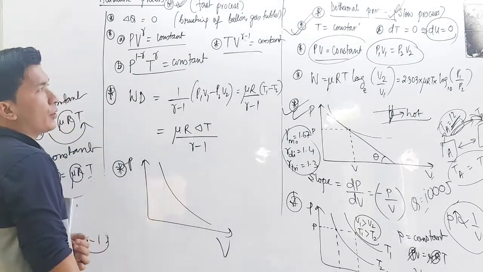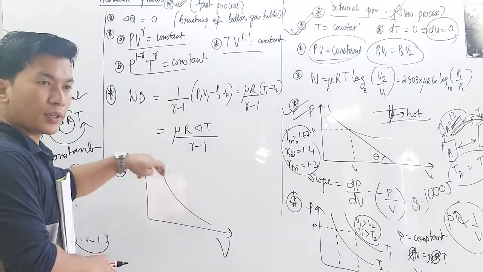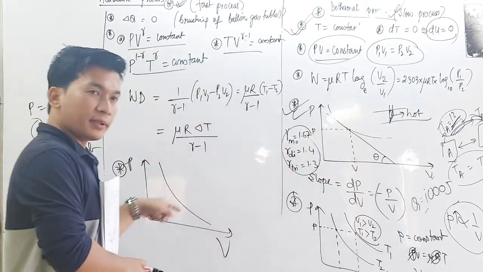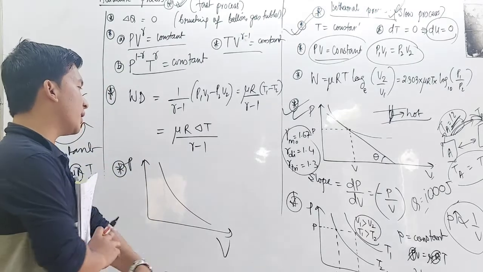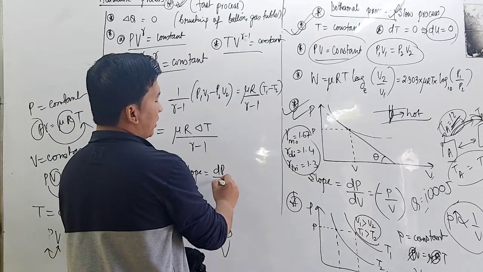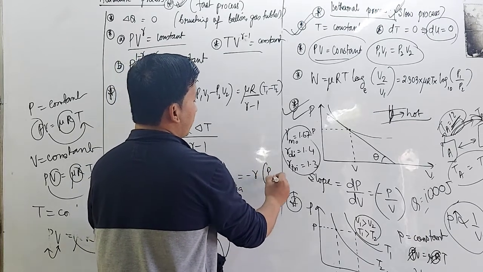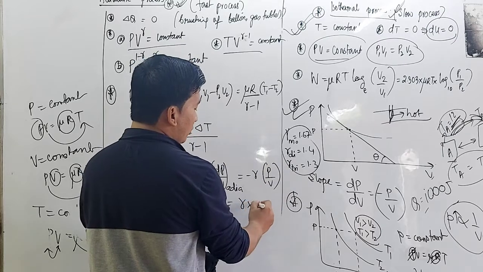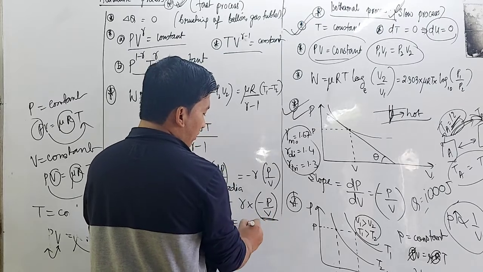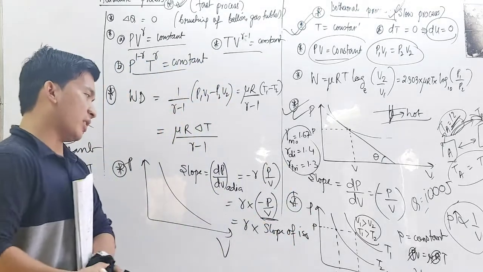The basic difference between your isothermal curve and adiabatic curve is that the adiabatic curve will be more stiff. Isothermal is less stiff, adiabatic more stiff. Why? The slope dP by dV for an adiabatic process is minus gamma P by V. That means gamma times minus P by V, which is gamma times the slope of the isothermal process.